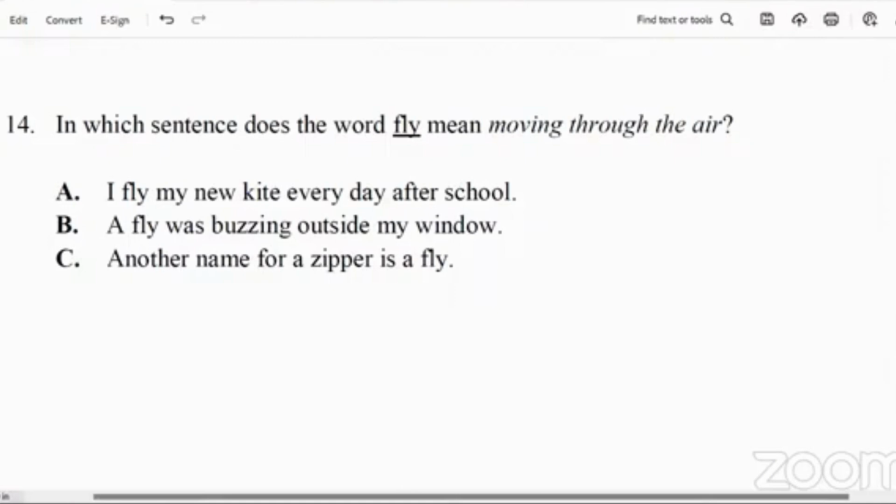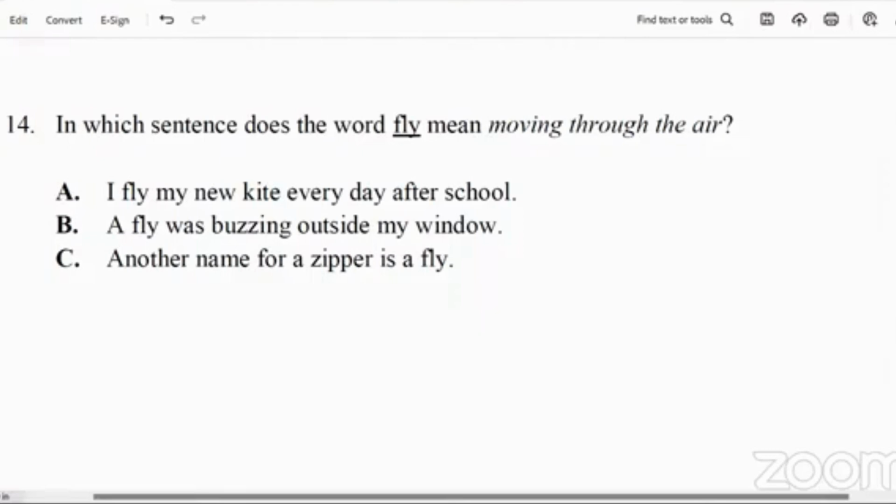Question 14. In which sentence does the word fly mean moving through the air? A. I fly my new kite every day after school. B. A fly was buzzing outside my window. C. Another name for a zipper is a fly.